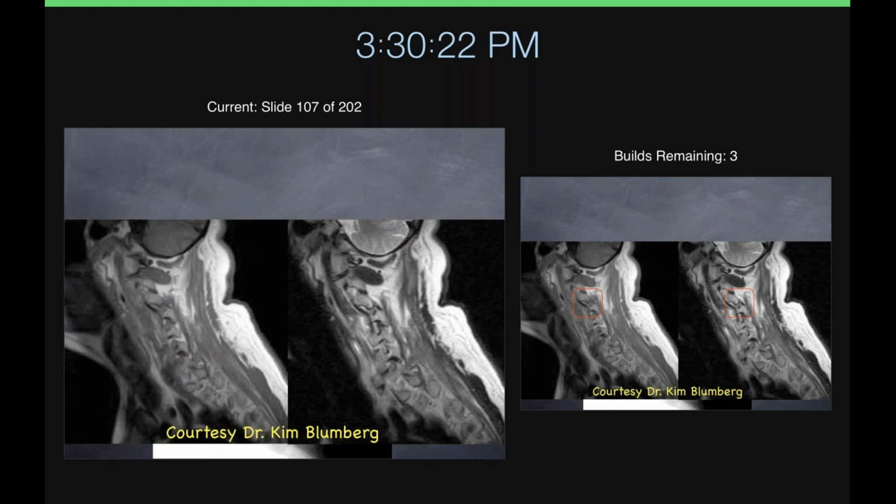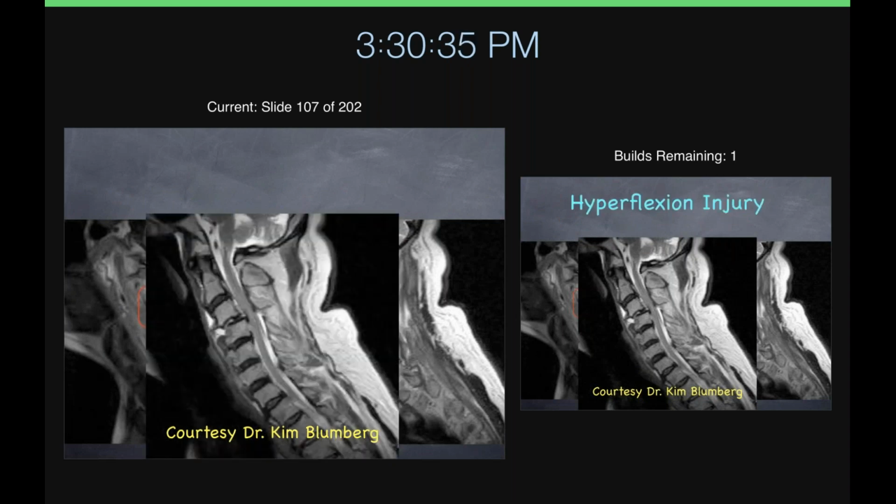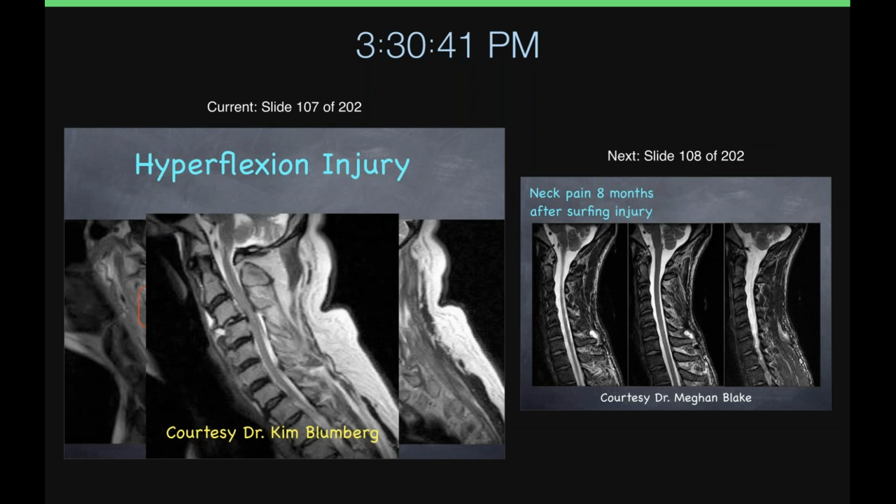With lots of increased signal in the posterior paraspinal, posterior spinous area and interspinous area. And widening of the basion-dens gap between the two. Yeah, so the facets look like they're perched there. Right. Here in the midline, we can see the spondylolisthesis and the central stenosis. Right. This is another hyperflexion injury. This one a little bit more severe with more instability.